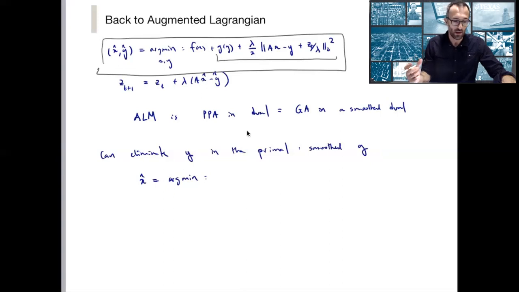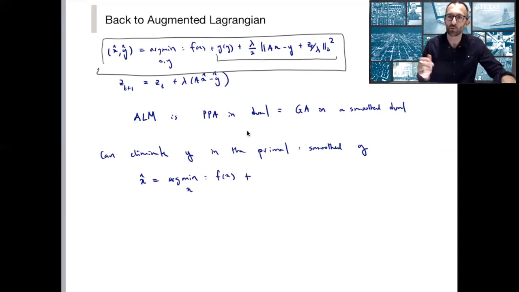So this is what I mean by, we could think of this as minimizing f plus the Moreau envelope, or a Moreau-like envelope of the function g, so of a smooth version of g. So this is like writing x hat is the argmin of f of x, and it's only a min over x now, f of x plus, I'm no longer going to have g of y because I've performed that minimization.